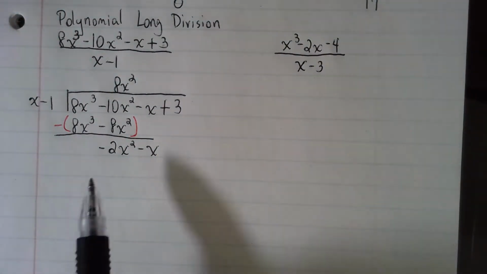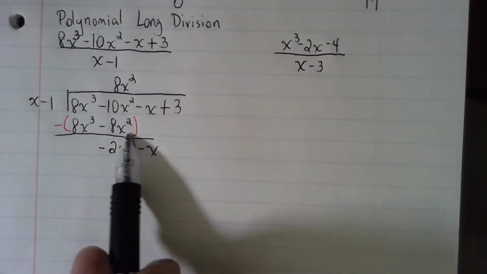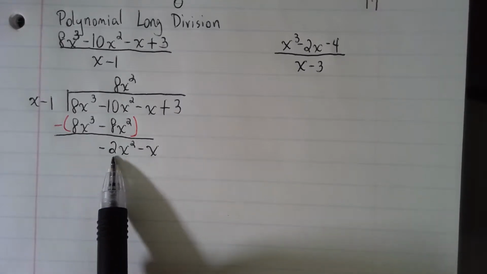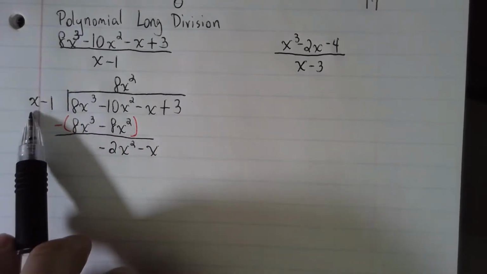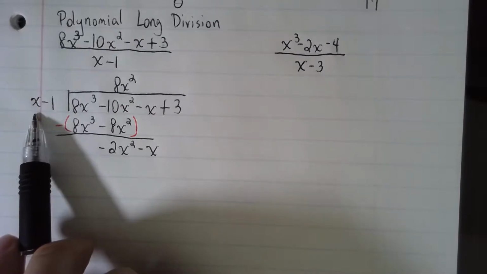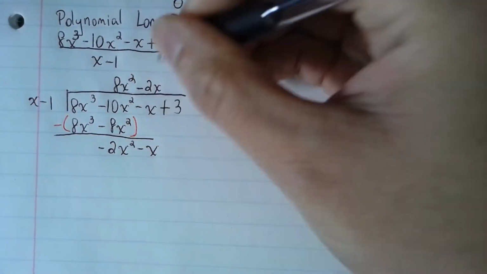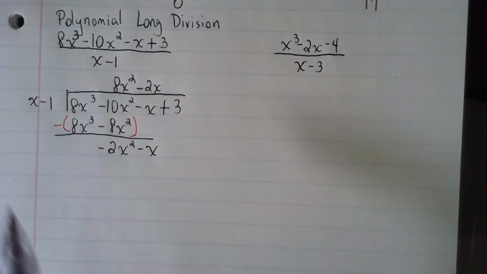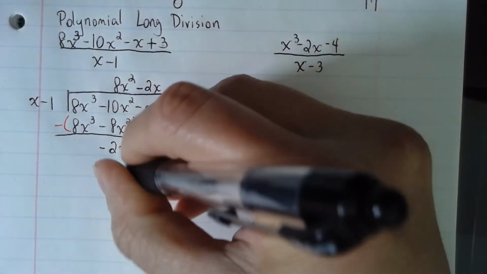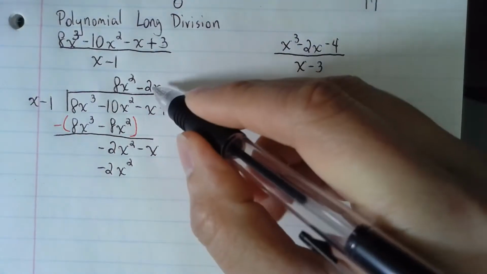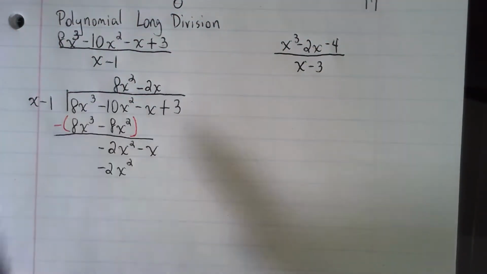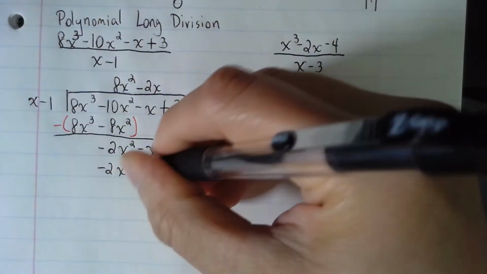Our goal is still the same. This first term right here, we need to match that exactly. So to match that exactly, I need to multiply this by negative 2x. Negative 2x times x is negative 2x squared. Negative 2x times negative 1 is positive 2x.